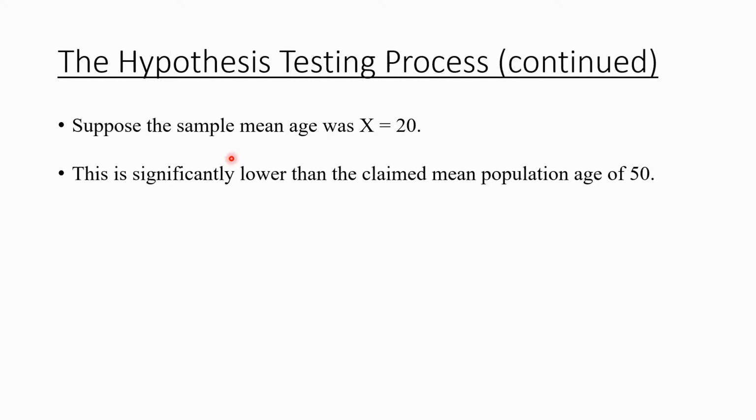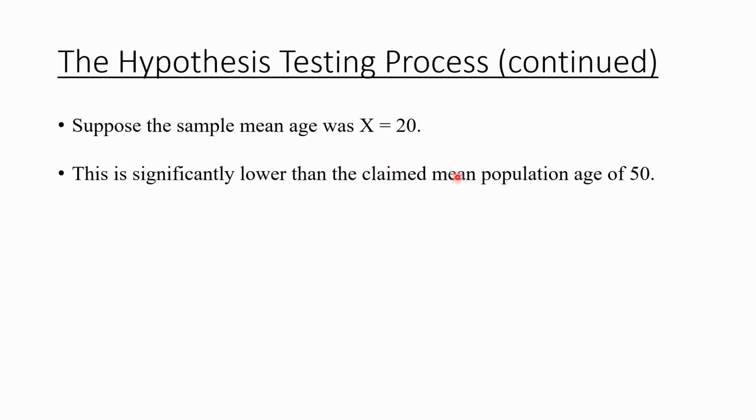What does this tell us? What was the null hypothesis? Mu equals 50. If that was true, the probability of getting such a different sample mean of 20 would be very small. So you reject the null hypothesis.